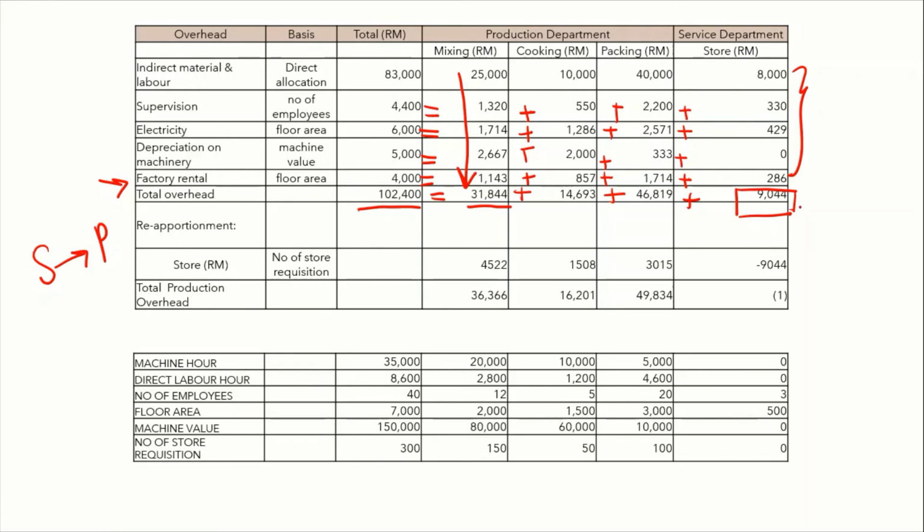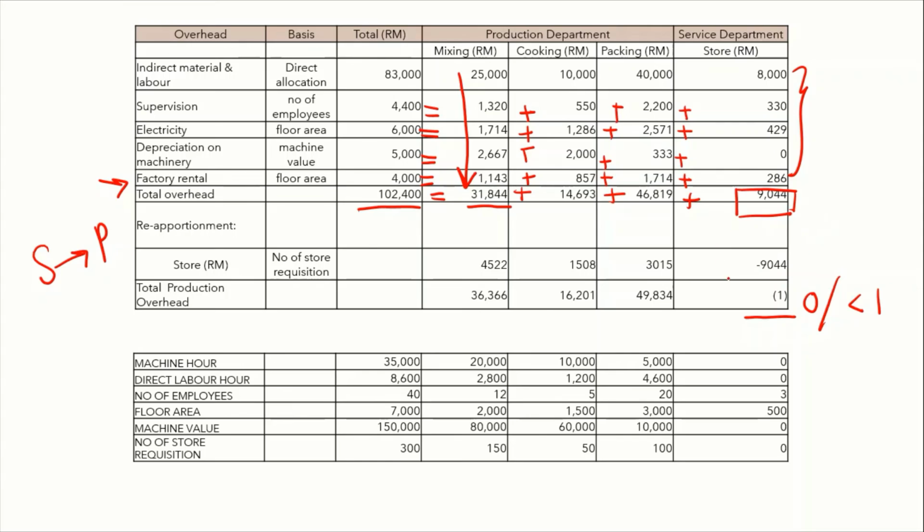You have to reduce it until it is 0 or less than 1, insignificant. For your syllabus, you only learn direct allocation, the direct method, so you have to directly deduct the amount. You can see that the amount is the same and it leads to an insignificant amount.